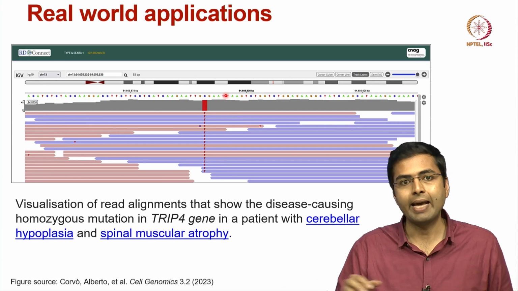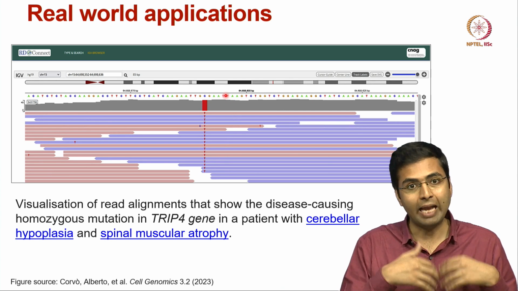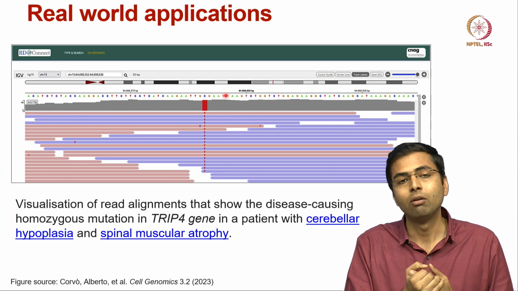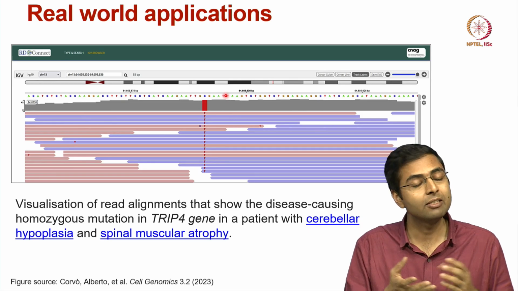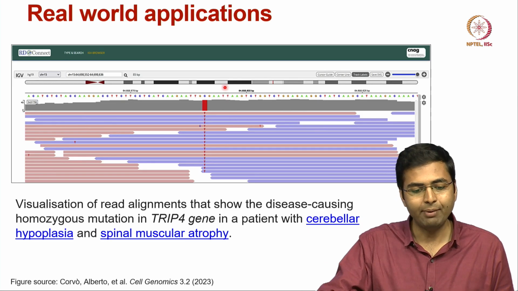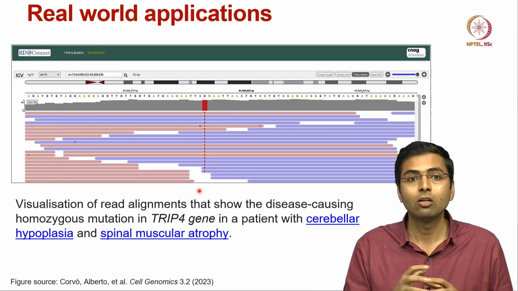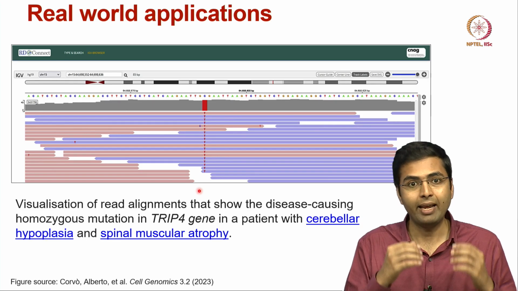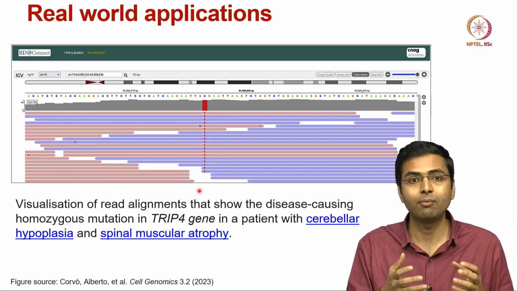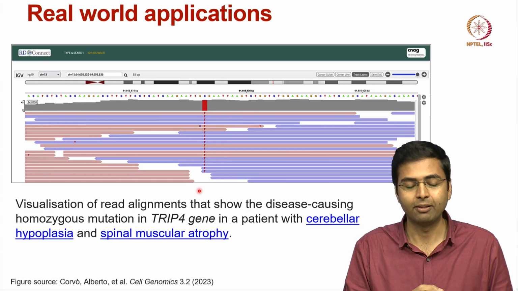Normally in a diagnostic workflow we would sequence the patient, we would align the reads to the reference, and those alignments would tell us what causal mutations explain the disease that are present in the patient.